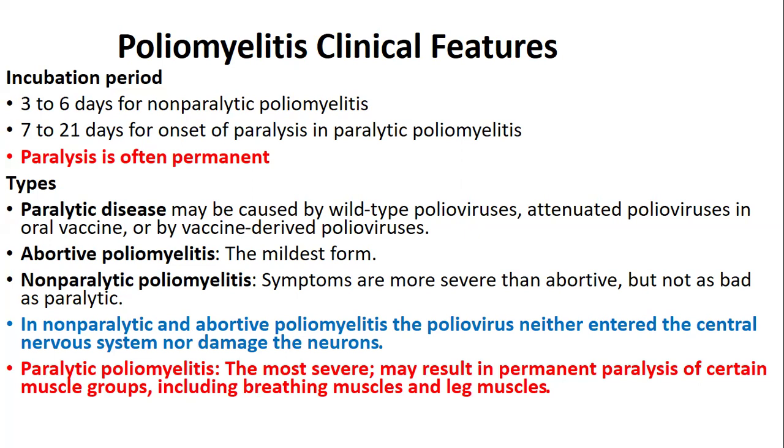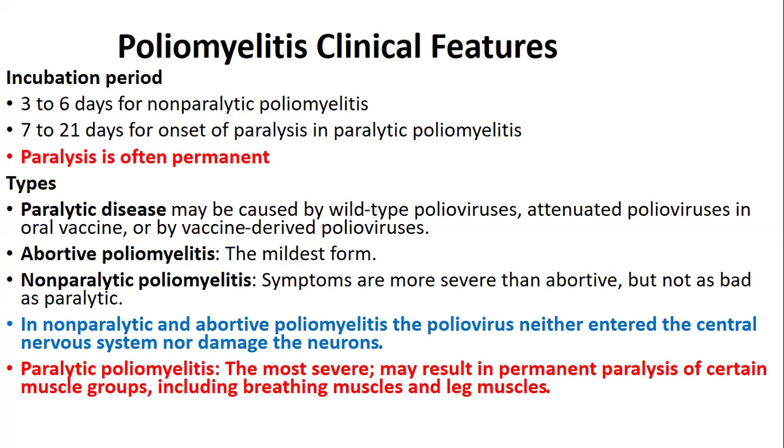In non-paralytic and abortive poliomyelitis, the poliovirus neither entered the central nervous system nor damaged the neurons. It just has the symptoms, but has not affected the neurons, so it is non-paralytic.